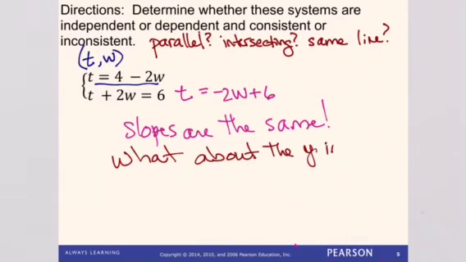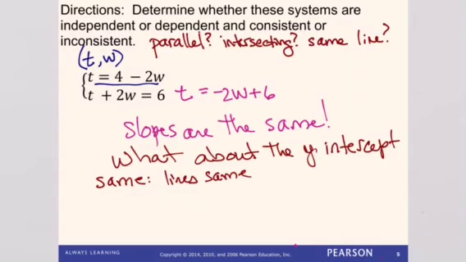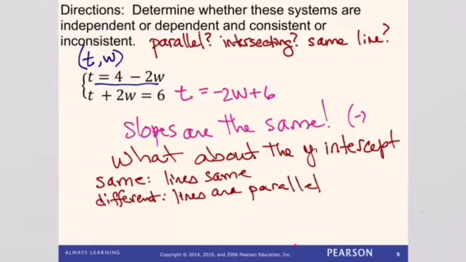Because the y-intercept is going to tell us if they're the same, then we know the lines are the same. If the y-intercepts are different, then we know these lines are parallel because they have the same slope. By the way, going back to here, the slopes are equal to negative 2.